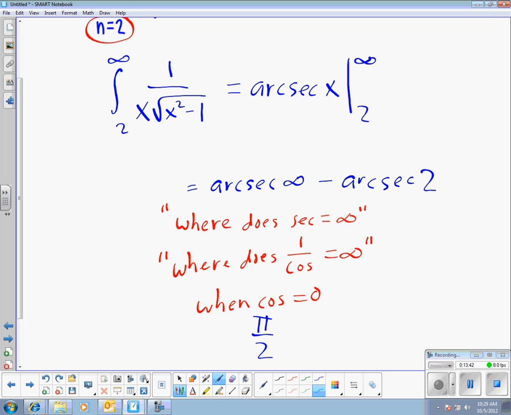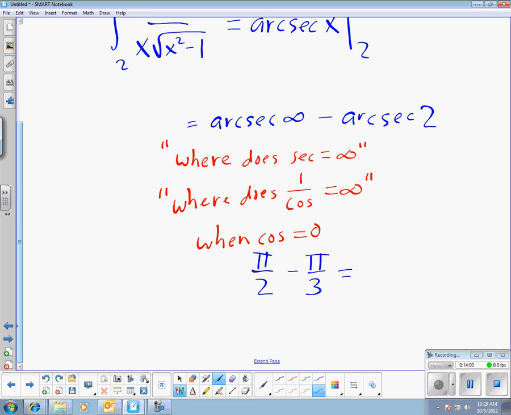And then we have the arcsecant of 2. So that's saying where is secant 2, which is saying where is cosine a half, and cosine is a half at pi over 3. So we've got some good quality unit circle reviews going on within this question. Pi over 2 minus pi over 3 is something.